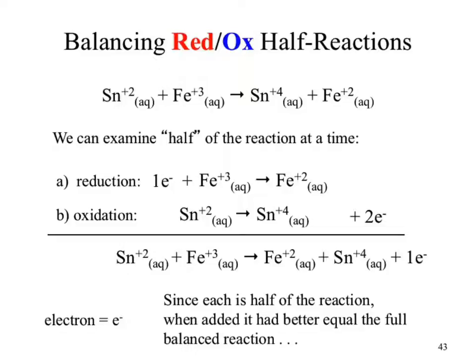So what do we have to do? We're going to tweak the half reactions and change the amount of times that the half reaction runs. The electrons must equal each other on both sides. How do I make 1 equal to 2? Times 2. So if I multiply that top equation, or that 1 in front of my electrons by 2, what do I have to do to every other part of the equation?